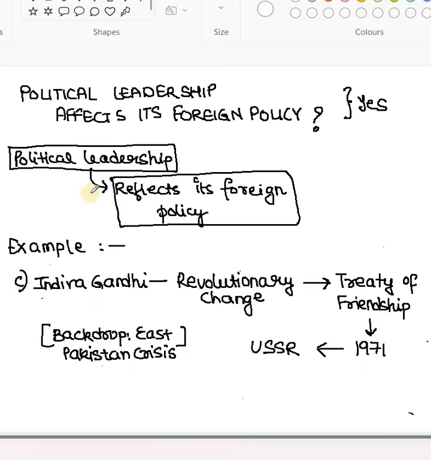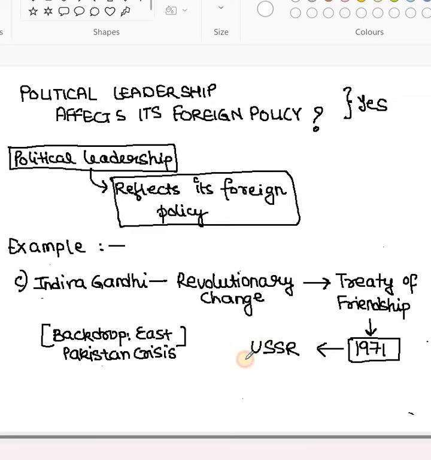The third very important and famous example of how political leadership reflects the foreign policy is the revolutionary change brought by Indira Gandhi in India's foreign policy when she signed the Treaty of Friendship with the Soviet Union in 1971. Why did she sign this treaty?